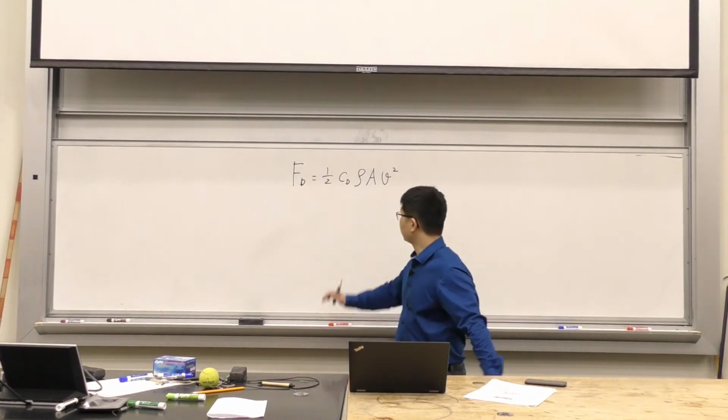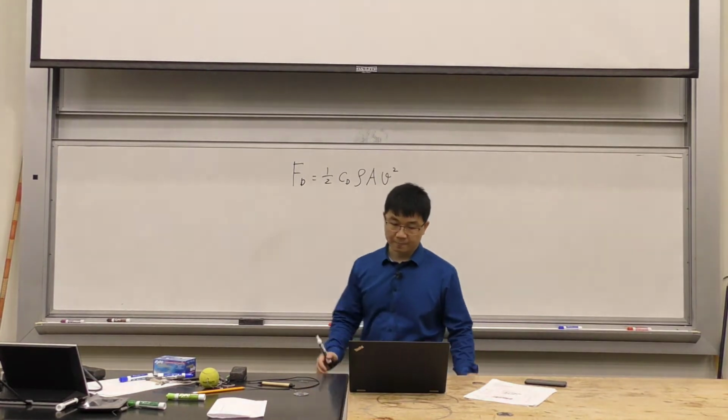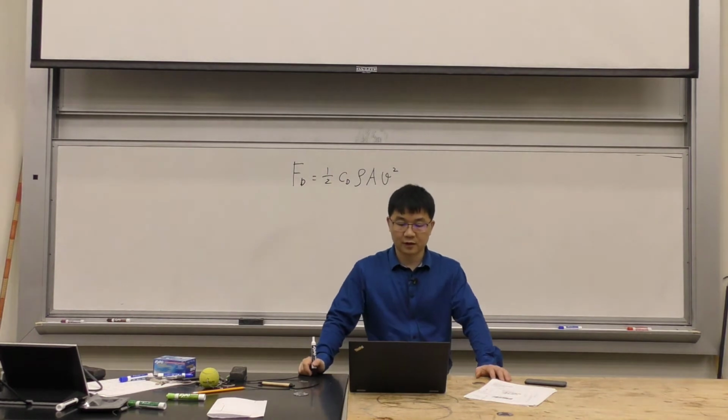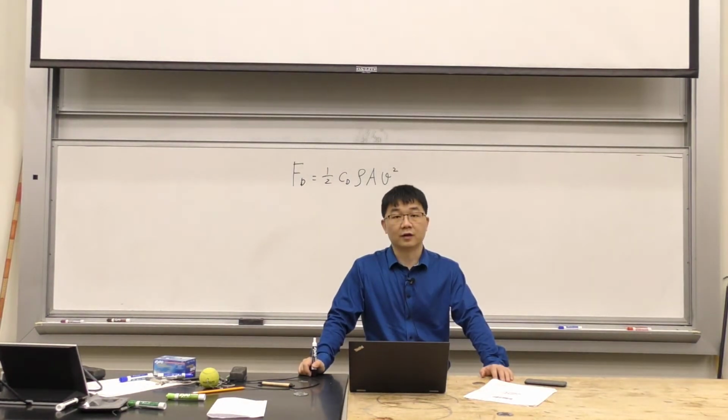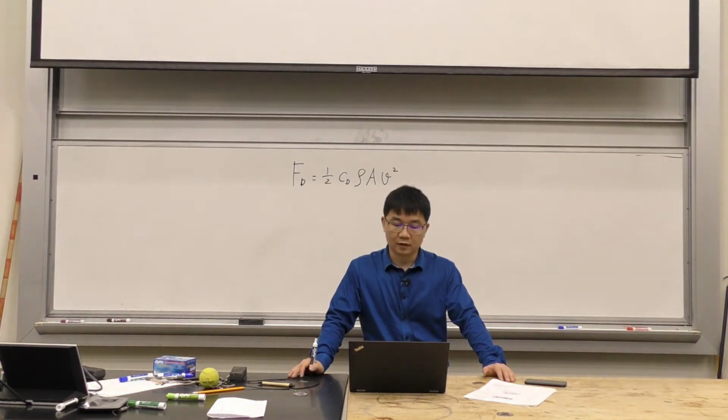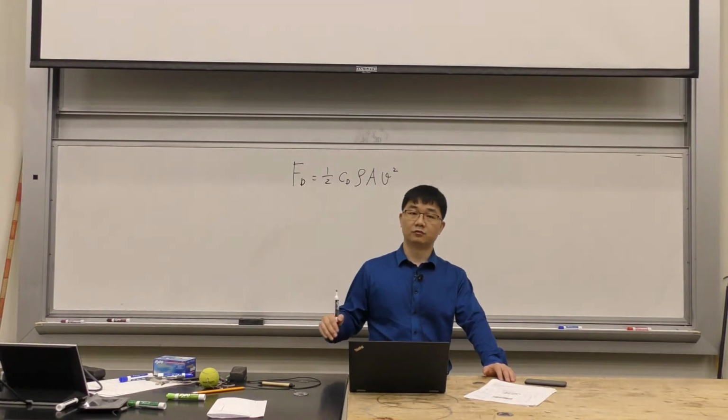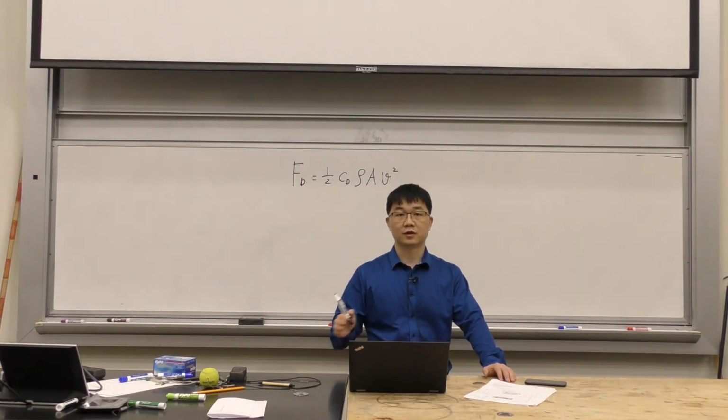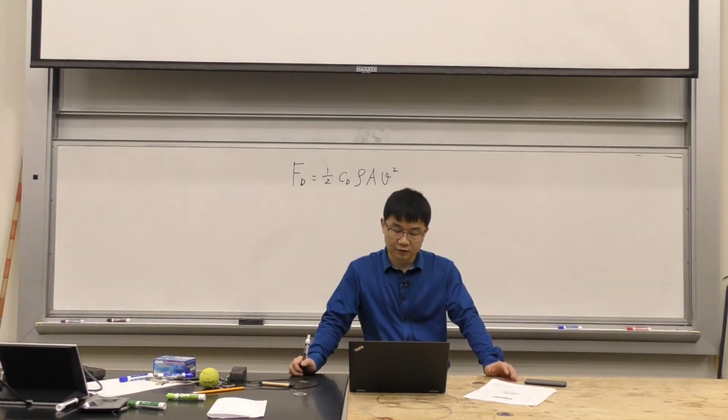Rho, this Greek letter rho, is the density. So if it's falling in air, that's going to be the density of air, right? A is the area, and in this case, it's the cross-sectional area. We should be careful. It's not the whole area of this falling object. It's only the cross-sectional area. And V is the normal V, the speed.